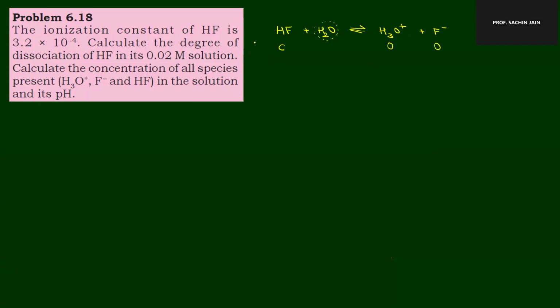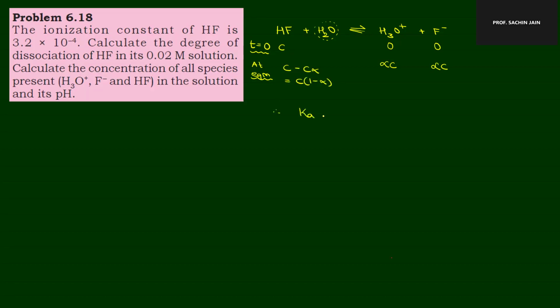If you start with the concentration C at the start, time t equal to 0, then after equilibrium is established, the concentration of H plus and F minus will become alpha C. This is at equilibrium. And the concentration of the HF would be C minus C alpha, or we can write C into 1 minus alpha.